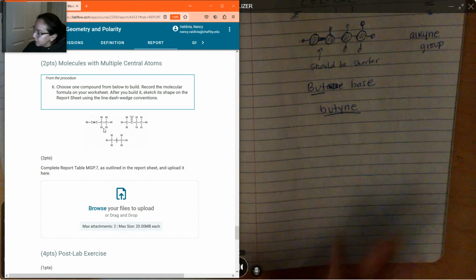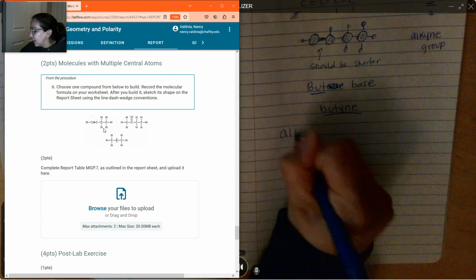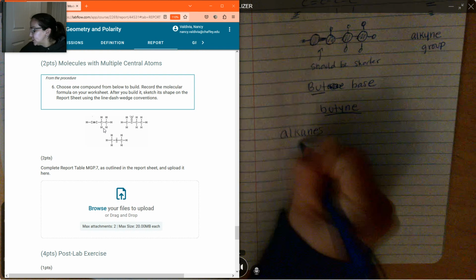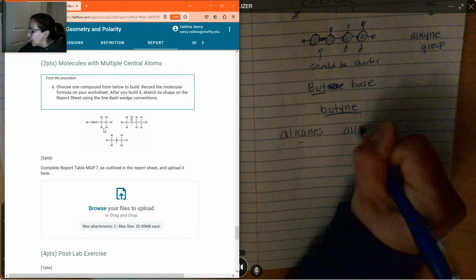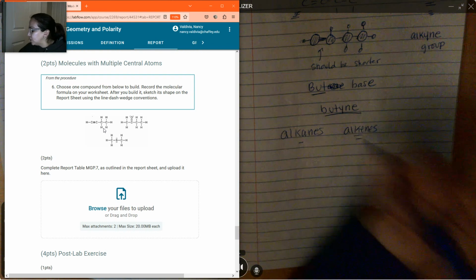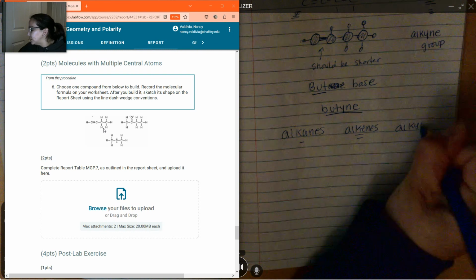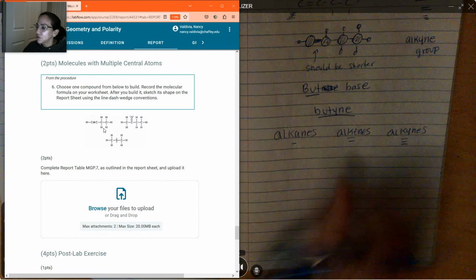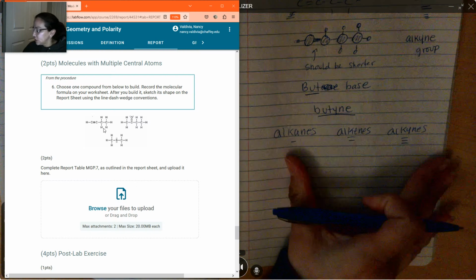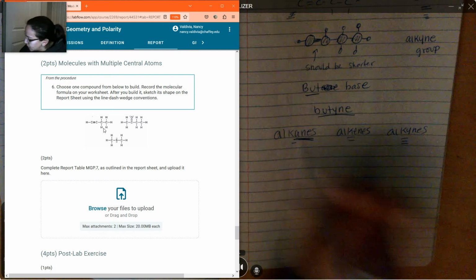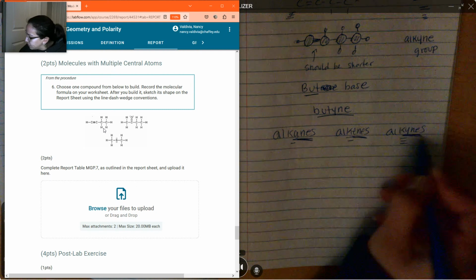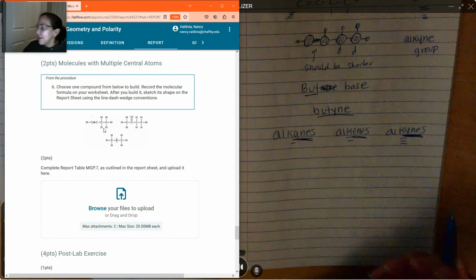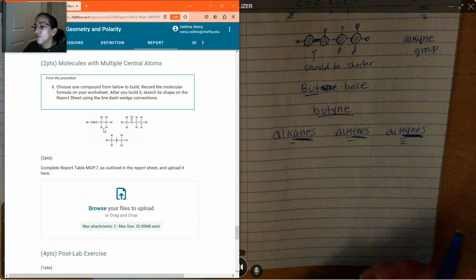All right, so really quickly with namings, you have alkanes, which are single bonds, alkenes, which are double, and alkynes, which are triple bonds. Okay, so those right there are the formulations of our base, and this is what we name them, the last part of it. And then the but part is part of the roots.